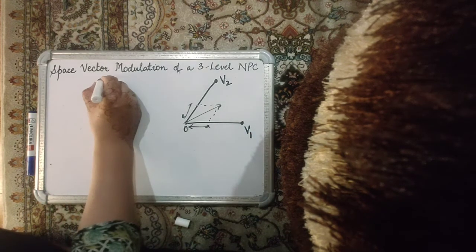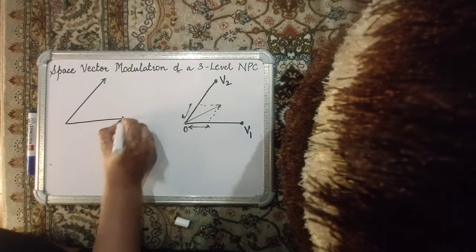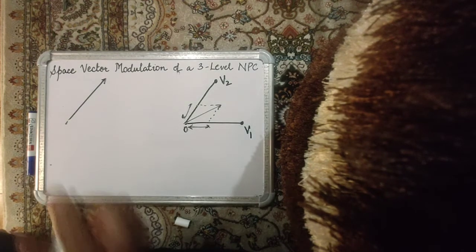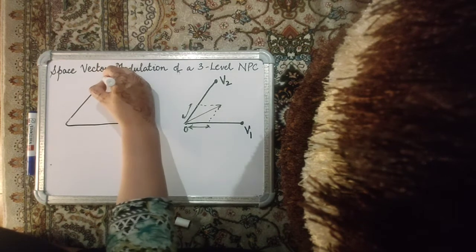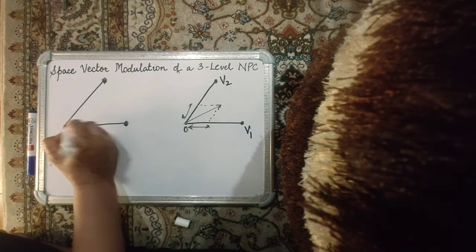But if you now compare the same thing with a 3-level NPC, things are slightly different. The same vertices at 2 by 3 VDC will be obtained by the large vectors.